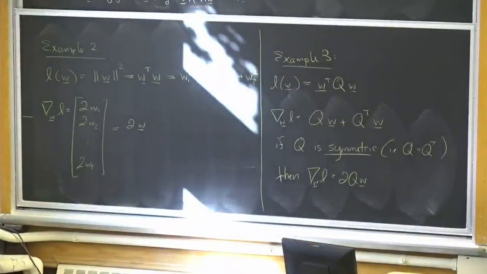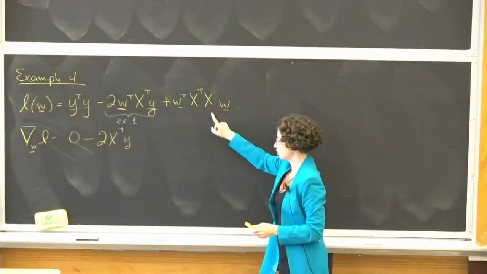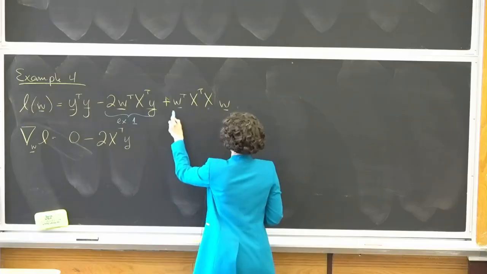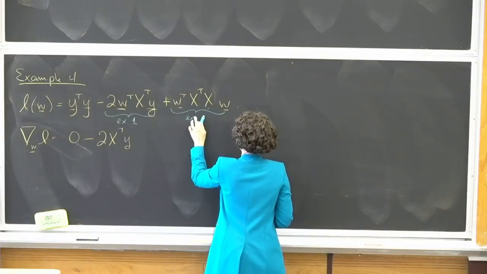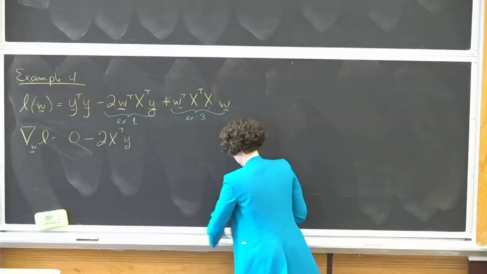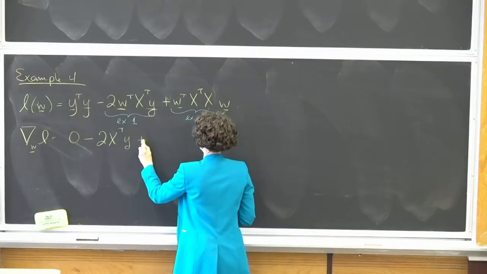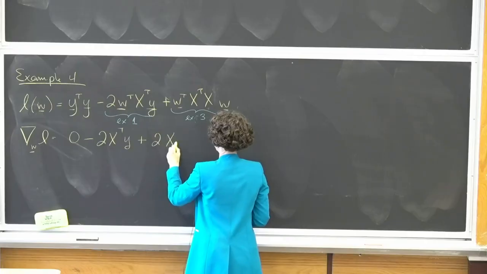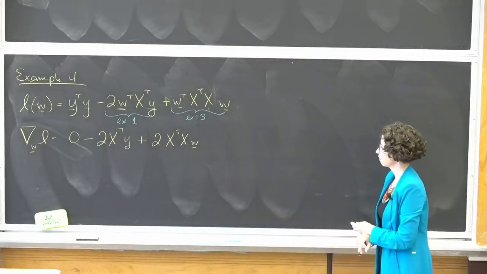So in this case, we do have this matrix X transpose X showing up in here. And so this is the form of the previously unlabeled example 3. And so, just like you were saying, we now have 2 times X transpose XW showing up.